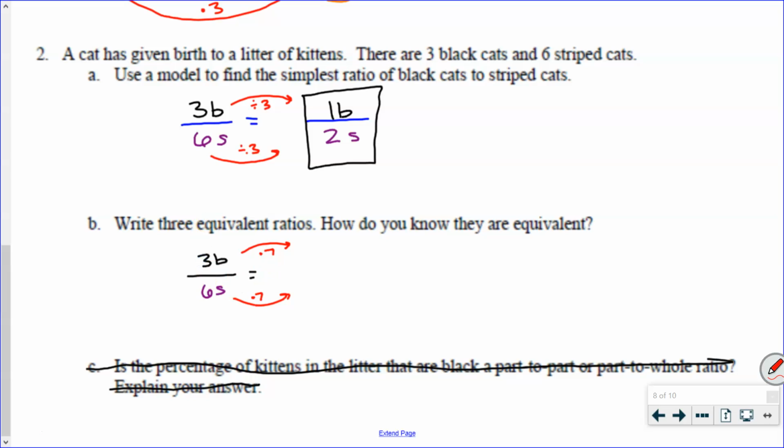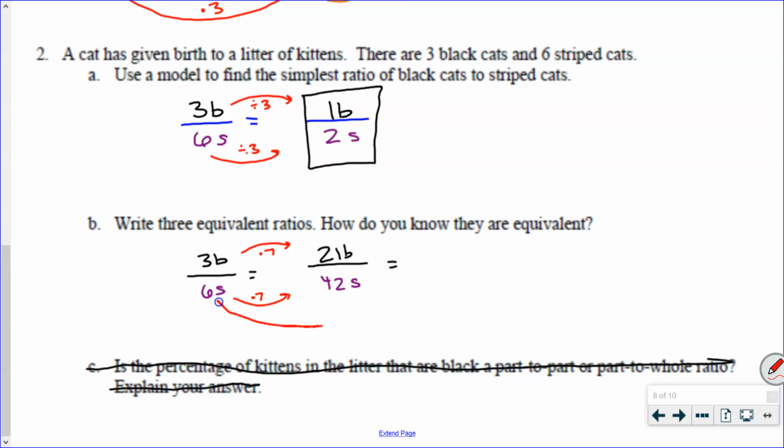3 black cats times 7 would be 21 black cats. And 6 striped cats multiplied by 7 would be 42 striped cats. There is one equivalent ratio. Another equivalent ratio, again, you can choose any number you want to multiply.